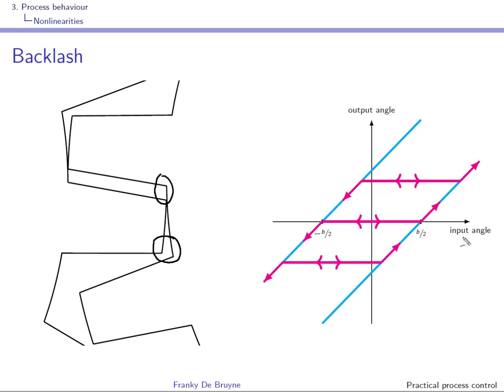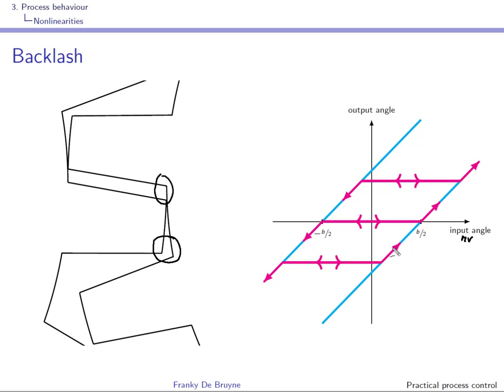The input is of course coming from the controller, so it is the MV. If the controller output is going in the same direction, then it is not a problem. The output of the backlash here in magenta will typically follow.